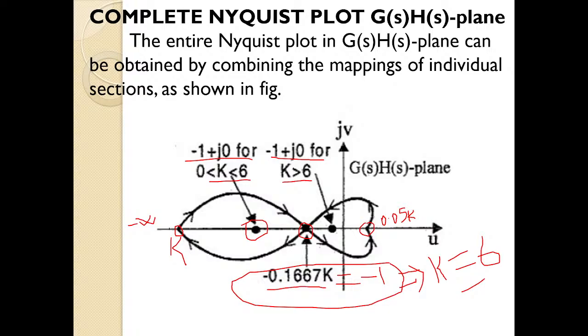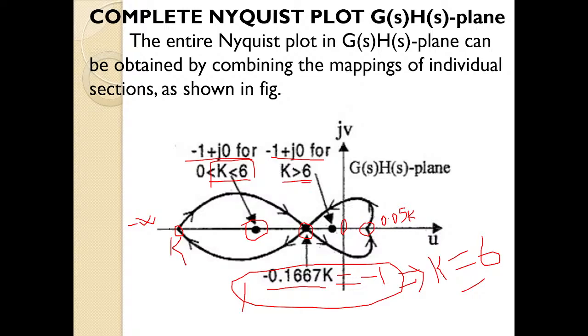Now, let us assume that k is less than 6. If you want to discuss anything about the intersection point, we can say that this intersection point lies between -1 plus j0 and the origin.